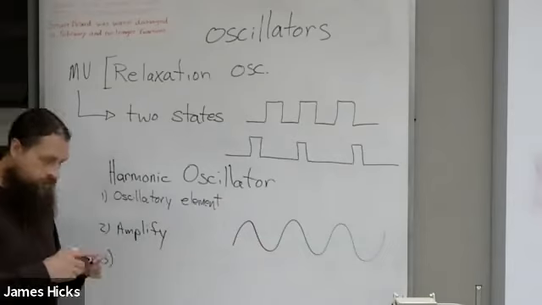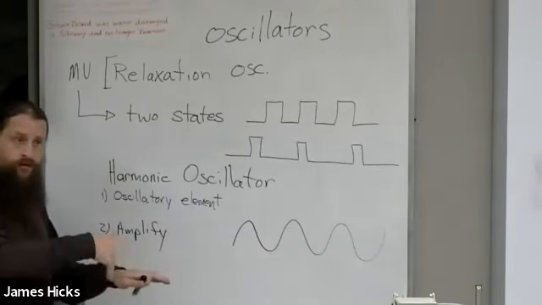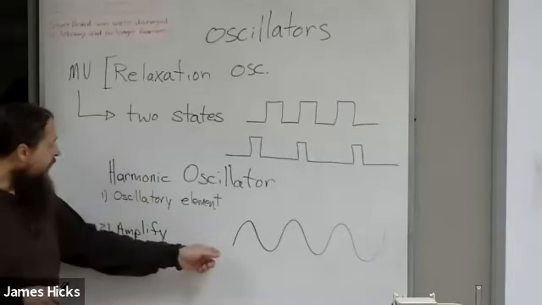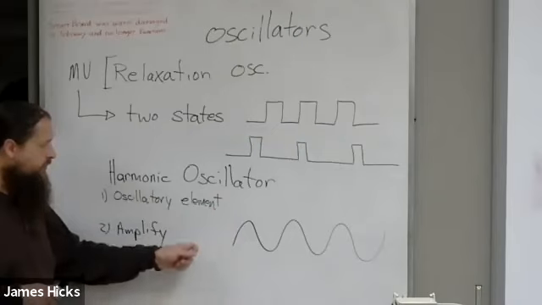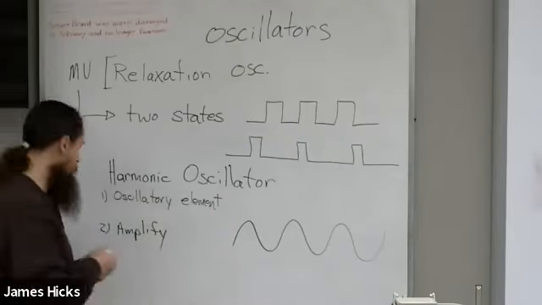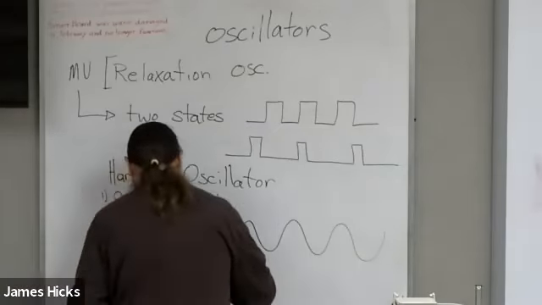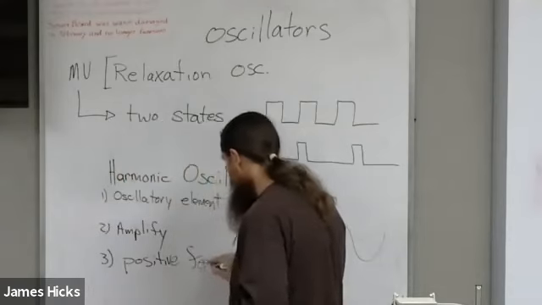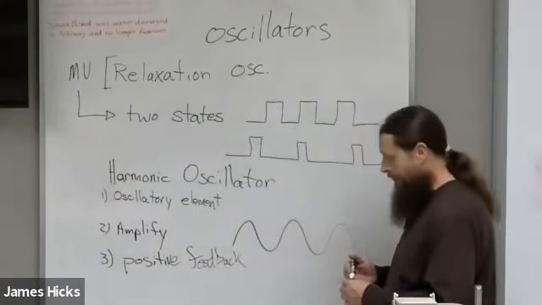Like if you're pushing a kid on a swing, push at the exact same frequency they're swinging at. Our amplified signal has to be matched up with what we're feeding back to it. So we're going to need some kind of positive feedback.